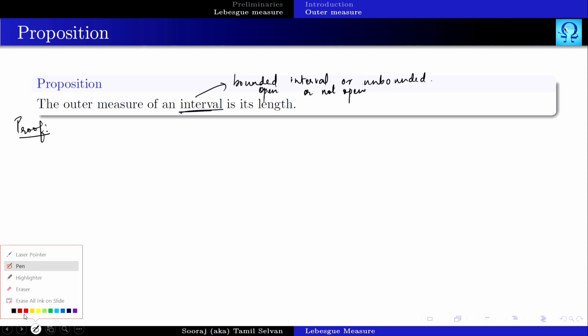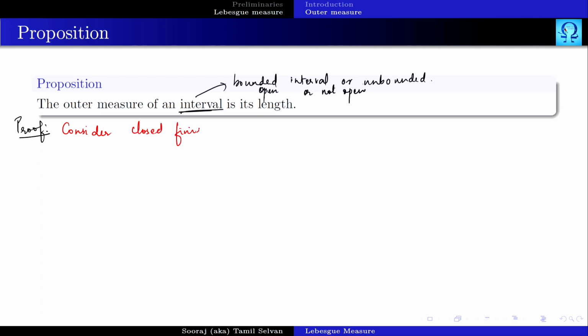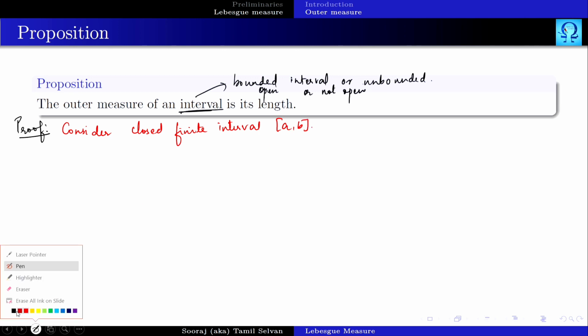I'll use different colors so that you have a better idea. First, we consider the closed finite interval [a, b]. For this closed finite interval [a, b], we have to collect a countable collection of open sets, right?